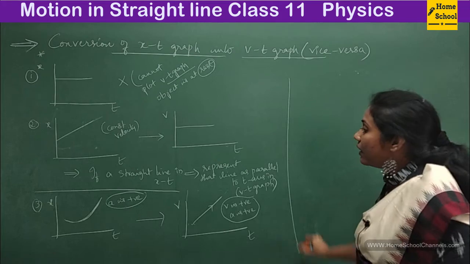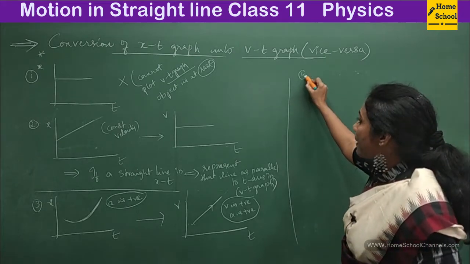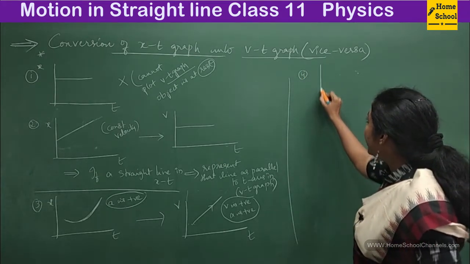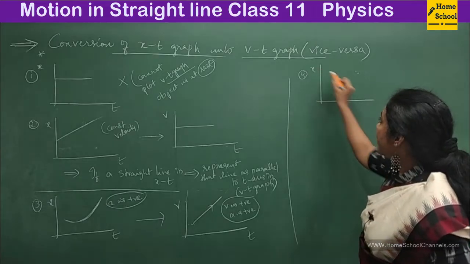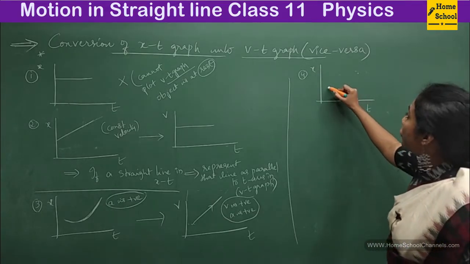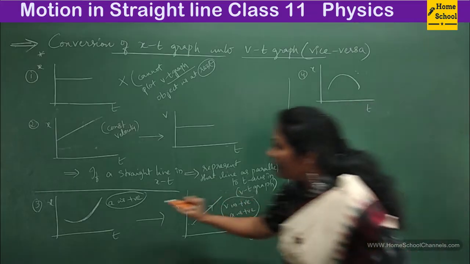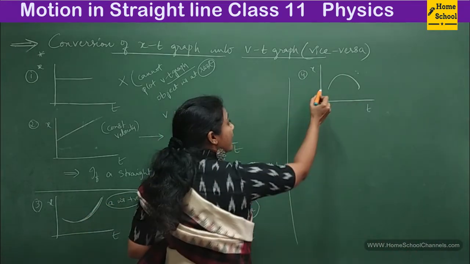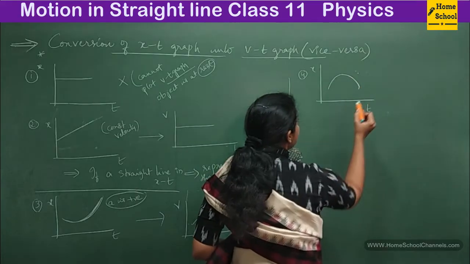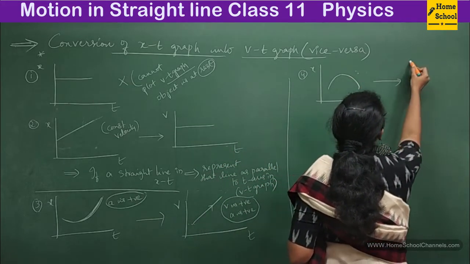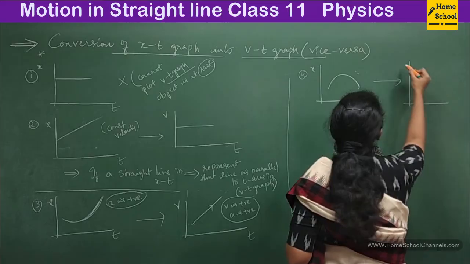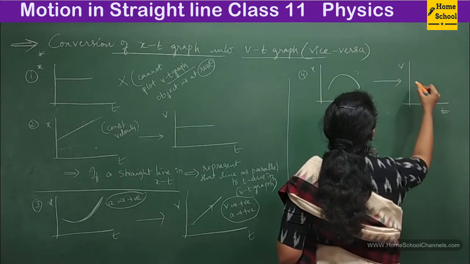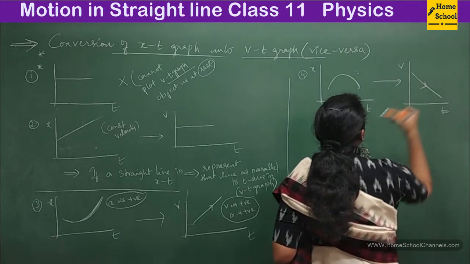Now, coming to situation number 4. In case in your xt graph you have a curve like this, a downward curve, then you have to represent it in the vt graph as decreasing velocity.